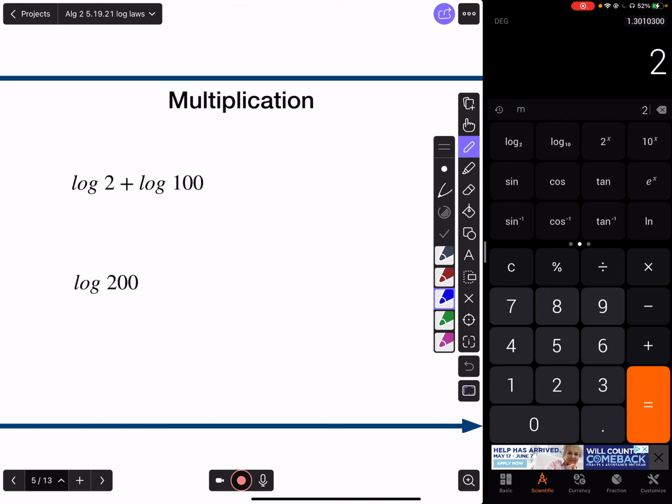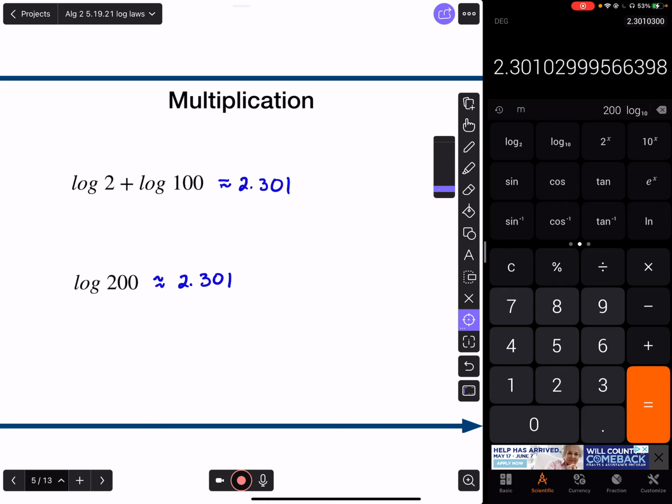So that's about 0.301. Then I'll add log base 10 of 100, so that does the whole business in one move, and it's about equal to 2.301. I'm going to clear this and calculate the next one, log 200, and I get approximately 2.301.